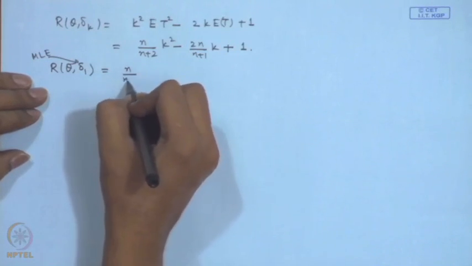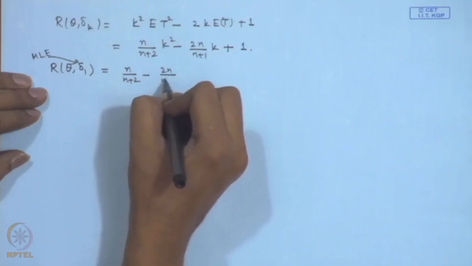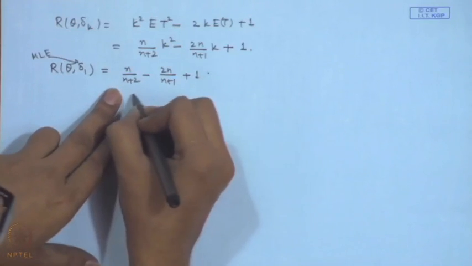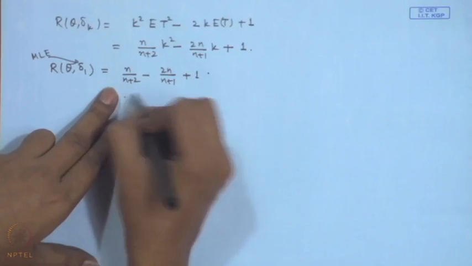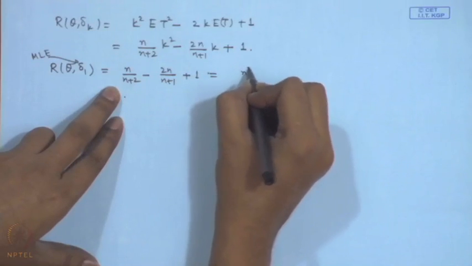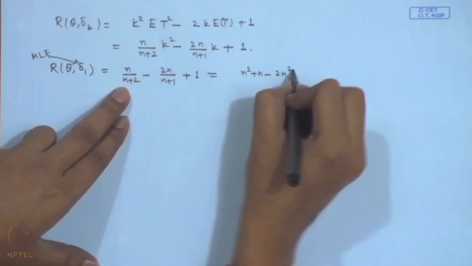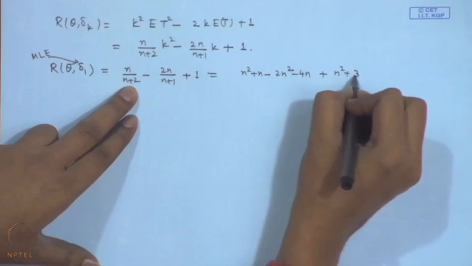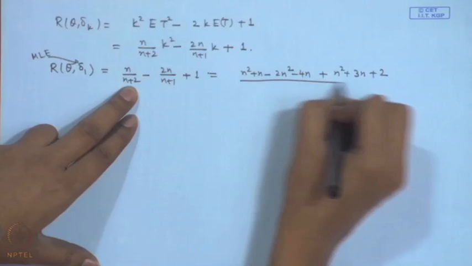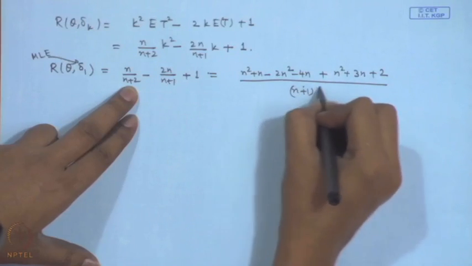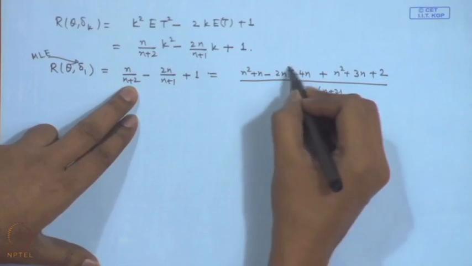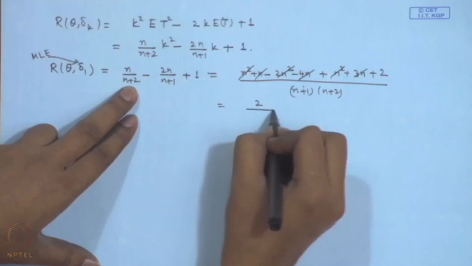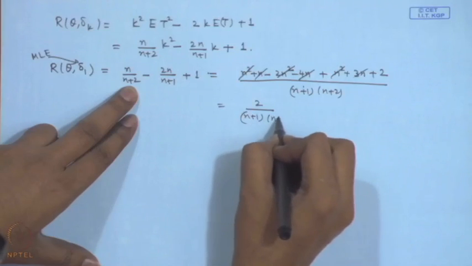So, I get n/(n+2) minus 2n/(n+1) plus 1. You can simplify this, that is equal to (n² + n − 2n² − 4n + n² + 3n + 2) divided by (n+1)(n+2). So, this gets simplified, that is equal to 2 divided by (n+1)(n+2).